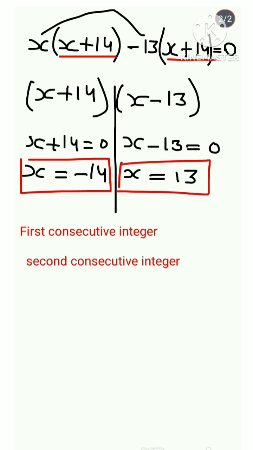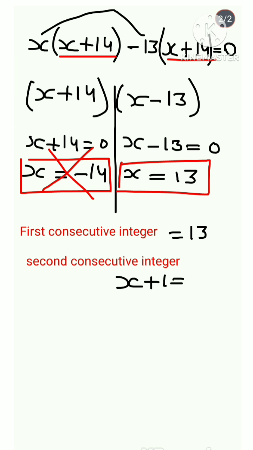But according to the question, we need to find positive consecutive integers. So ignore this first one which is negative, right? So here our first consecutive integer will be 13. Then our second consecutive integer, okay, we had assumed x plus 1.